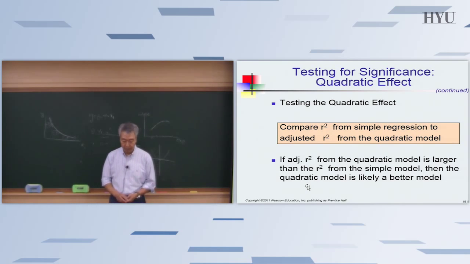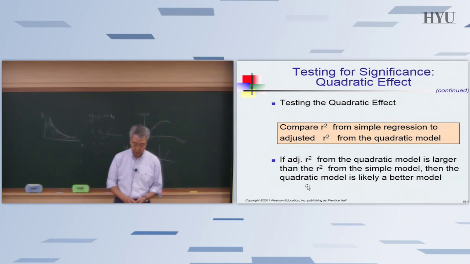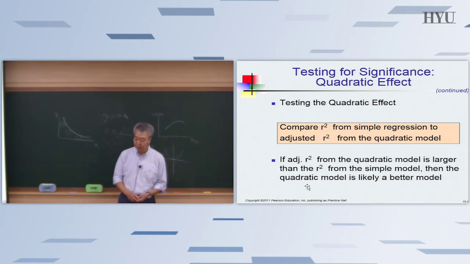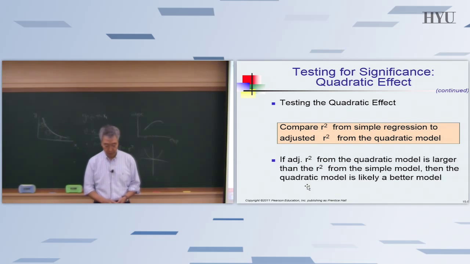Another way to test the quadratic effect is comparing the R square from the simple regression to the adjusted R square from the quadratic model, right? You remember the concept of adjusted R square? Adjusted R square adjusts the R square based on the number of independent variables.